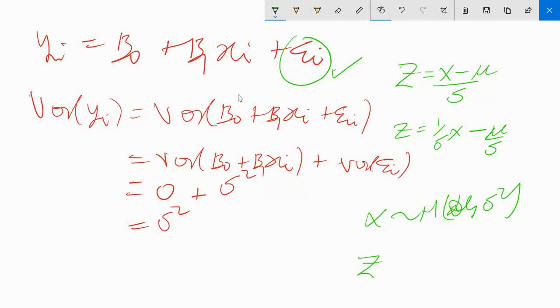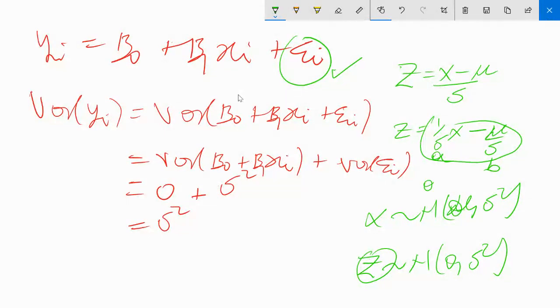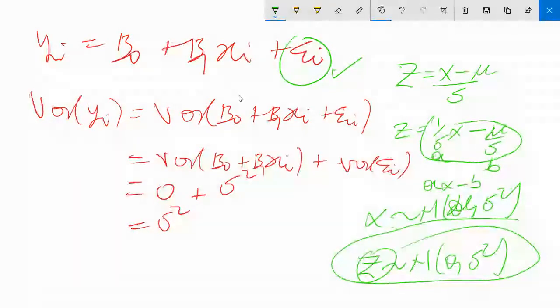Then we say z is also normally distributed with a mean of 0 and a constant variance. The reason z is normally distributed is because this is a linear function. As you can see, this is our a and this is our b, so it's more like we're having ax minus b, which is a linear function. So z here is normally distributed because it's a linear function of a normally distributed random variable.